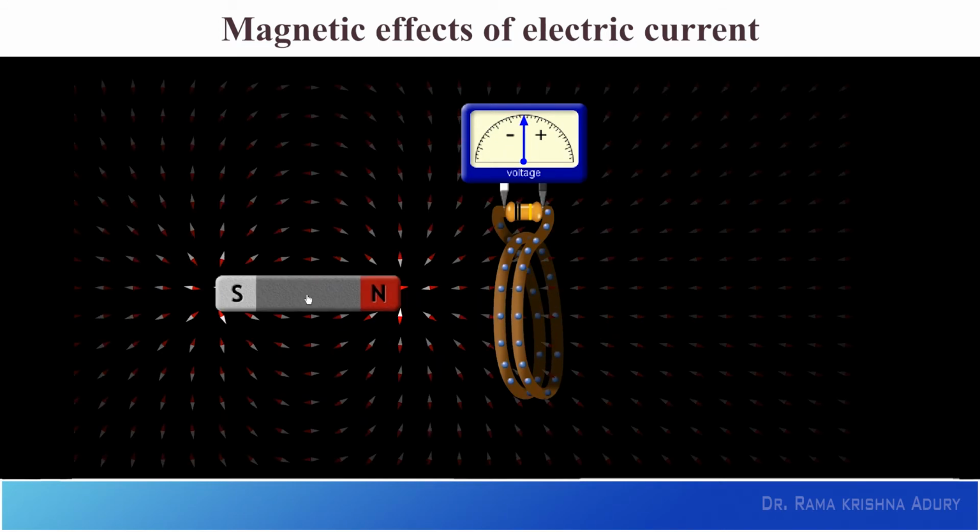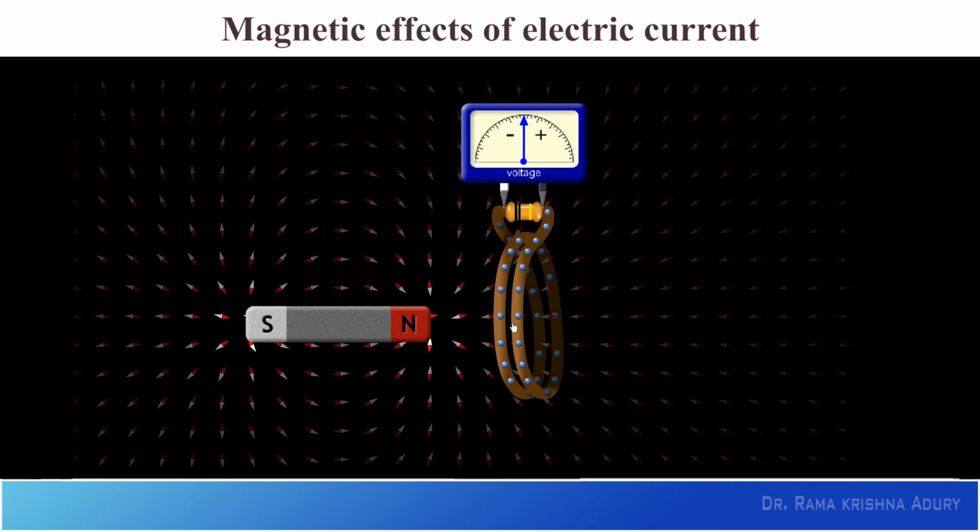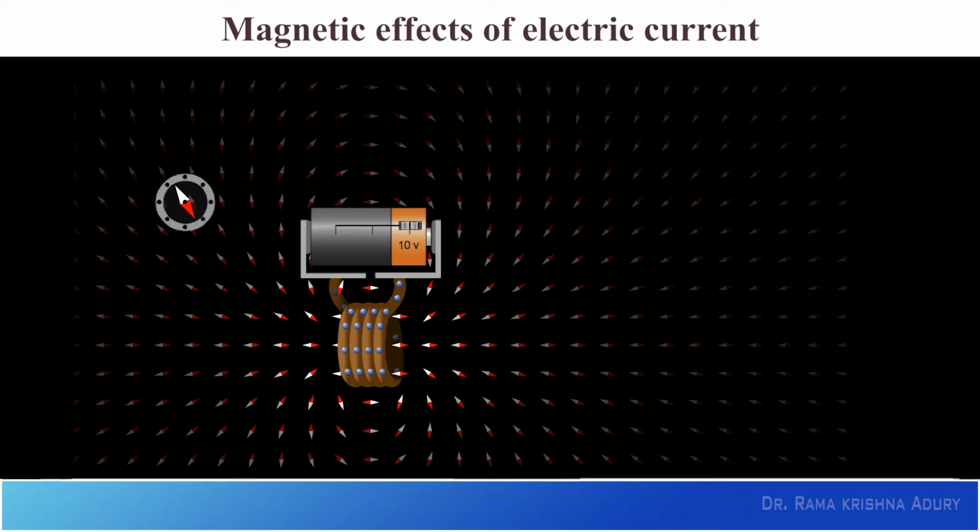However, if you have current in the circuit, automatically a magnetic field is developed. This is in contrast with what we have learnt now. Imagine for some time there is a coil which is connected to a DC source here. So automatically there is a magnetic field developed. When current is flowing in the coil, a magnetic field is produced around it, whether it is a straight conductor or a coil.